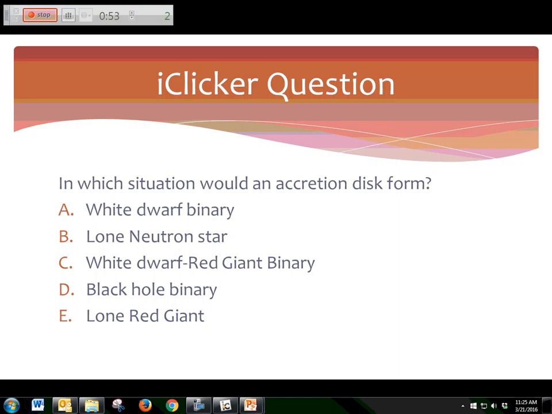Just a reminder about accretion disks. In which of these situations would an accretion disk form? They exist. Yeah. In fact, they collapse and crash into each other.